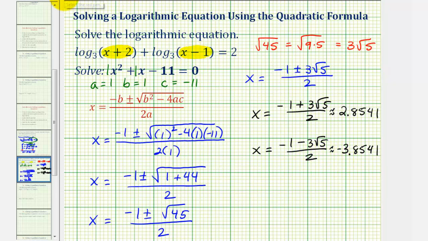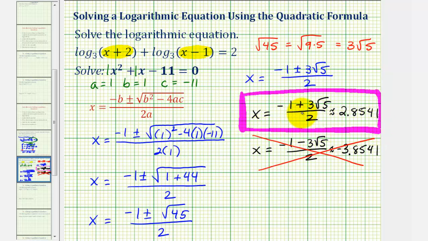And therefore we must exclude this as a solution. But notice how when x is approximately 2.8541, both x plus 2 and x minus 1 would be positive, and therefore this does check as our solution, and we have one solution to our log equation, which would be this value here.